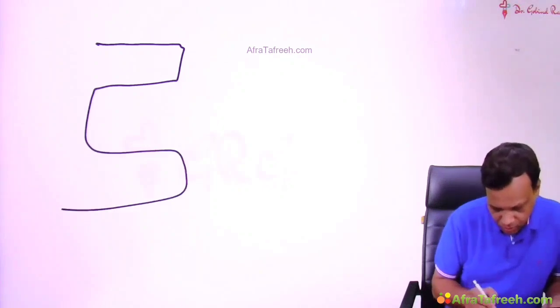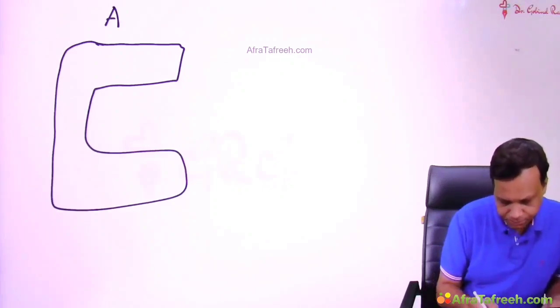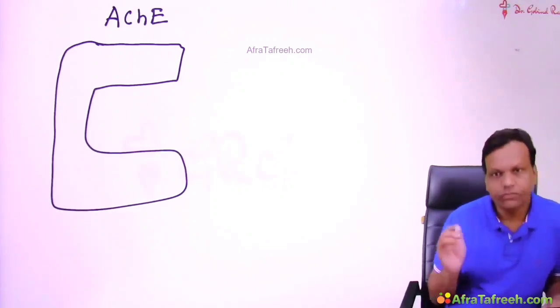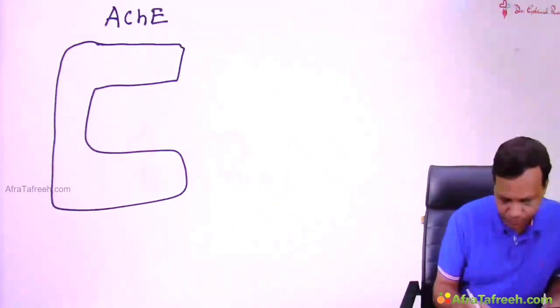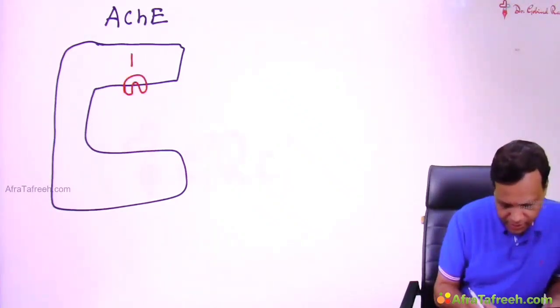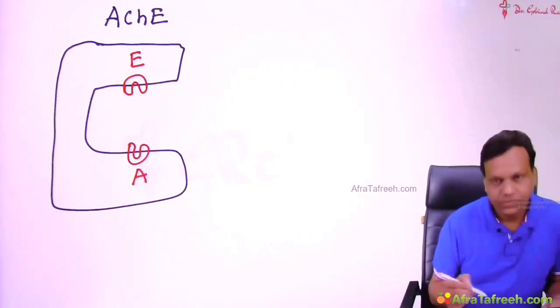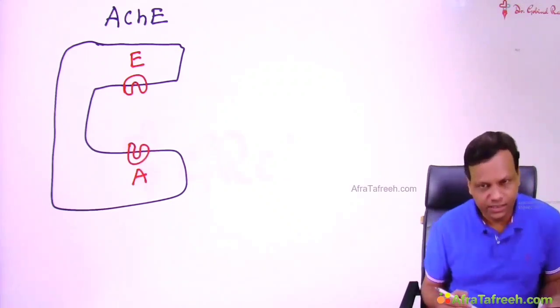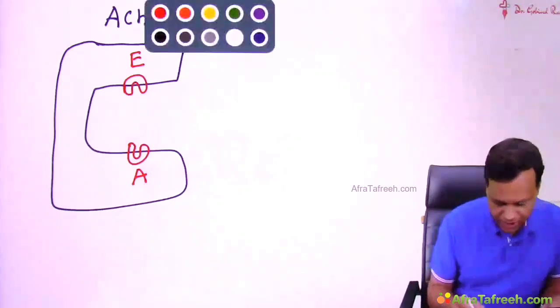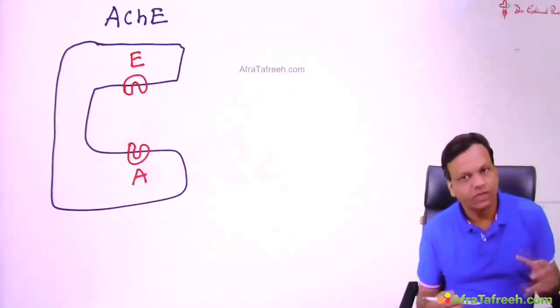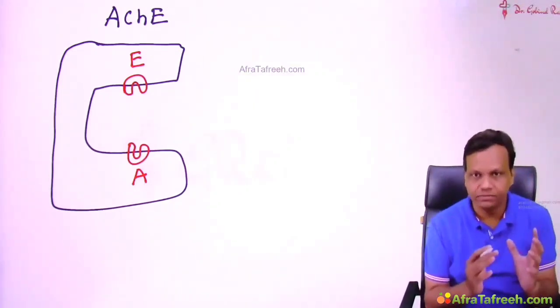This is the acetylcholinesterase enzyme. It has two sites. One is called the esteratic site and the second is called the anionic site. Normally, acetylcholine binds to which site? If you remember chemistry, acetyl means ester.